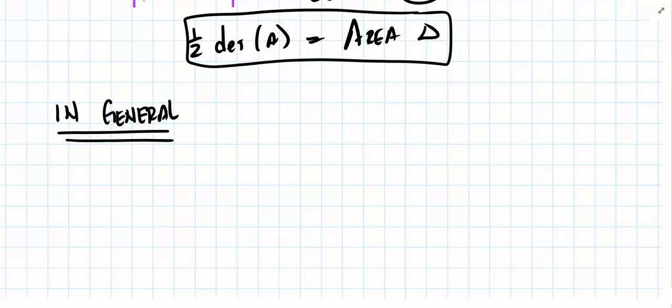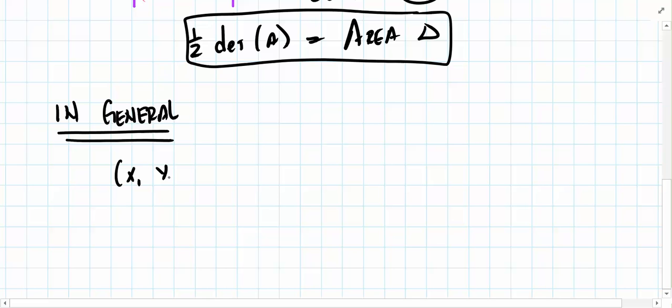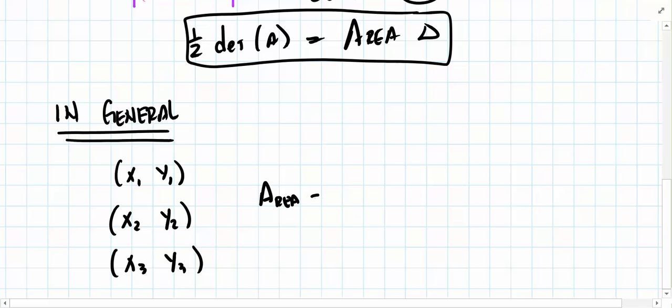So in general then, the rule is if you're given 3 points, point number 1 is coordinate x1, y1. Point number 2 is x2, y2. And point number 3 is x3, y3. Then the area of the triangle with these coordinates is equal to plus or minus half the determinant of this matrix.